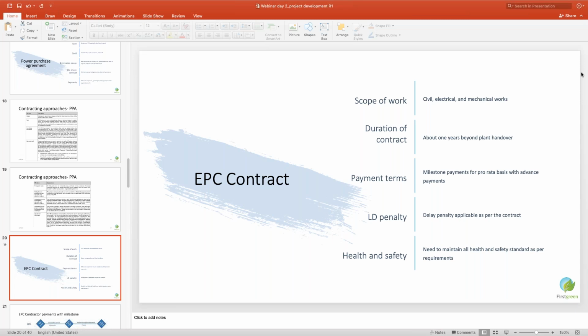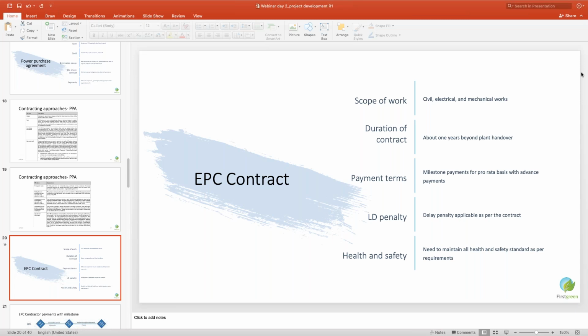What is the duration of the contract? Typically the EPC will do commissioning of the plant and final handover, and then give a defect-free warranty for 1 or 2 years post handover. Some payment will come to him after 1 or 2 years, so his term goes up to 2 years in most cases.